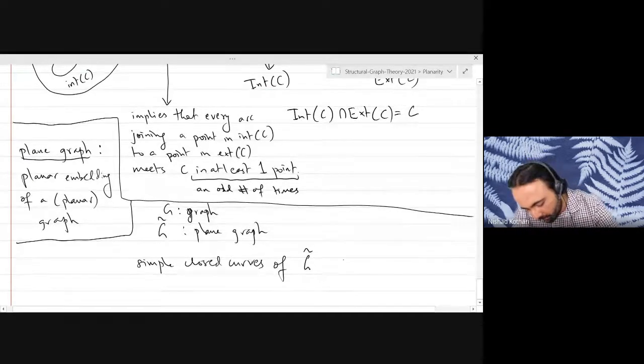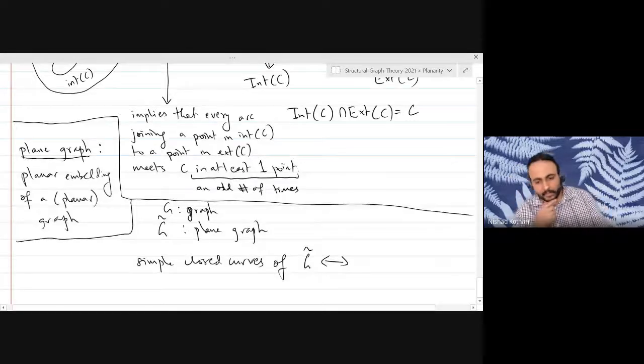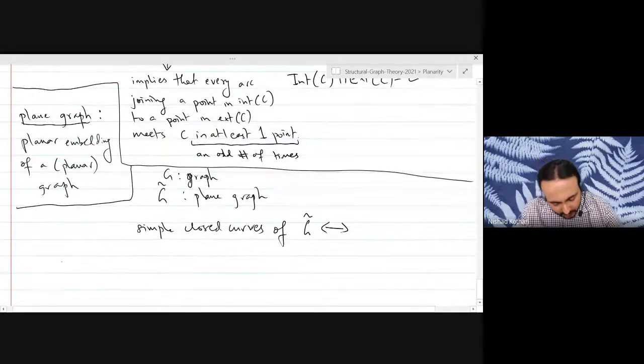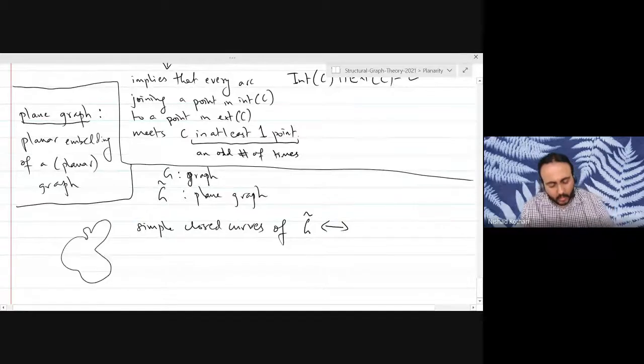I claim that there is a correspondence between the simple closed curves of G tilde and some graph theoretical concept in the graph G. Anyone? If you look at any simple closed curve in a plane graph, what does it correspond to in graph theoretic terms?